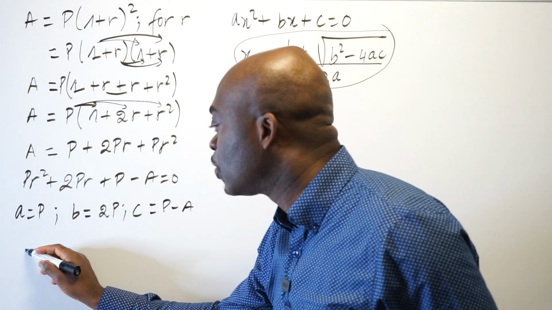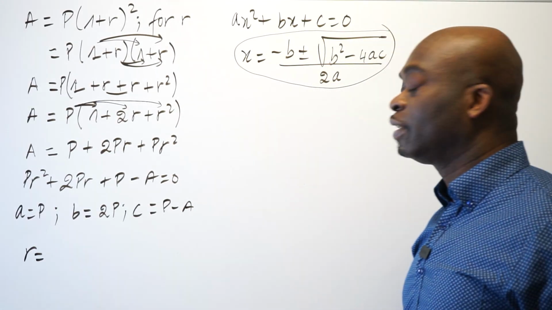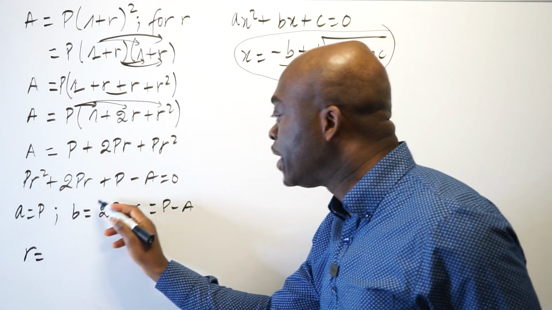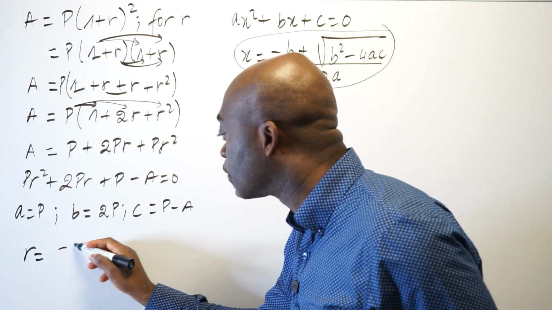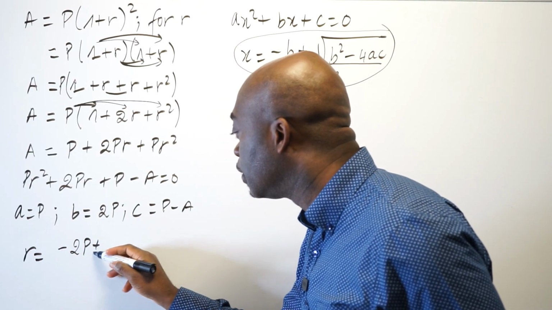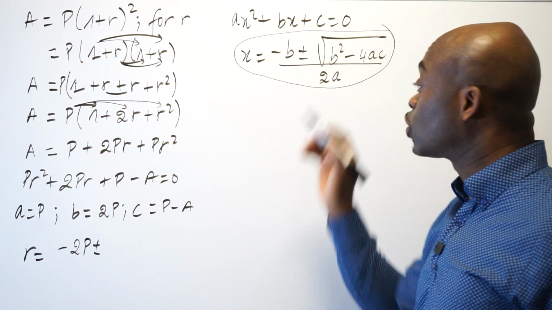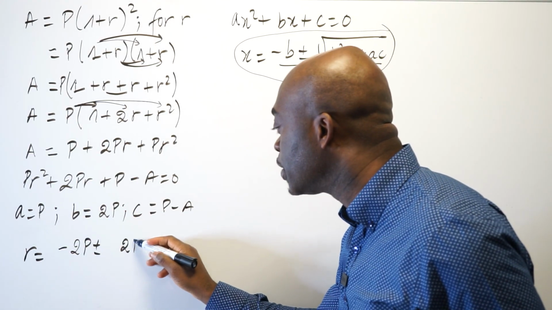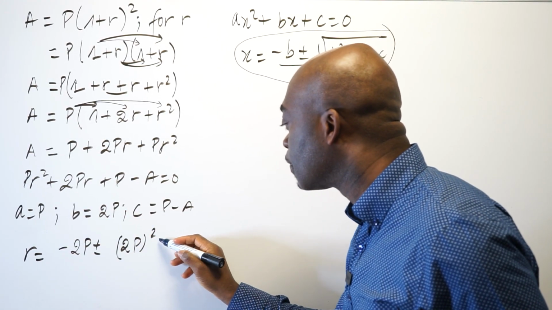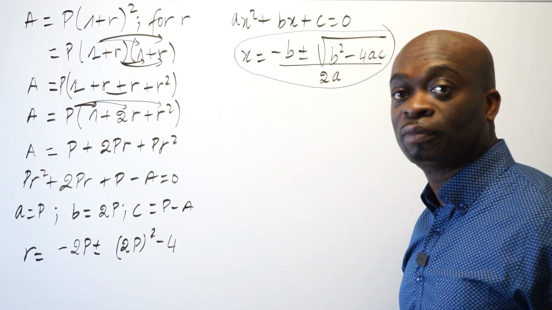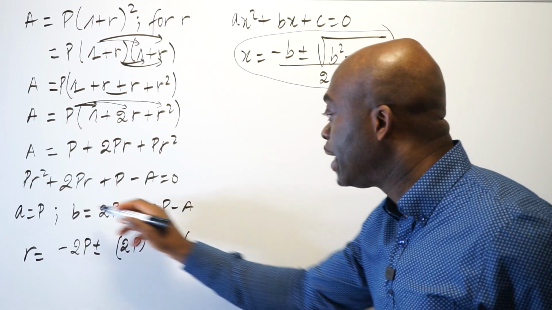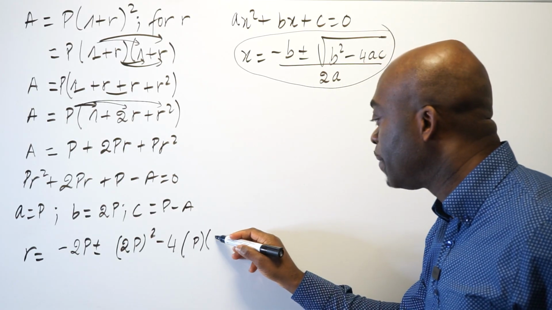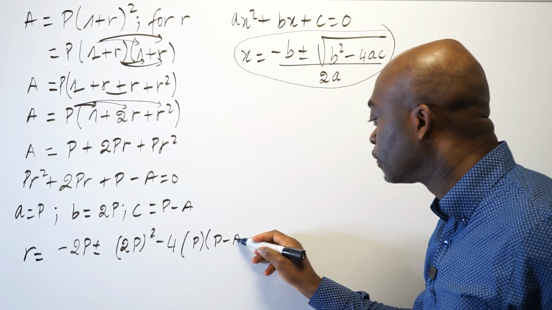Then what's going to happen? Now we can apply the formula. So r is going to be equal to what? Minus b, that means minus 2p, then plus or minus the square root, and then we have b squared, so that means 2p to the second power, minus 4 times a, a is p, times c, c is p minus a.